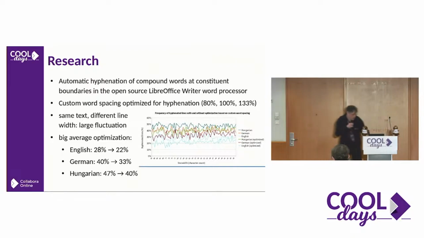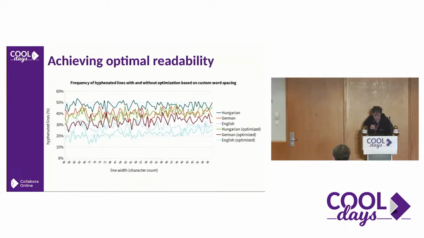I can show you the next. Yes. So there is a huge fluctuation related to the length of the lines. This is the normal range, 80 letters is the maximum for a line, down to a very narrow line with 38 letters, and there is a huge fluctuation. It's like basic research using LibreOffice Writer.